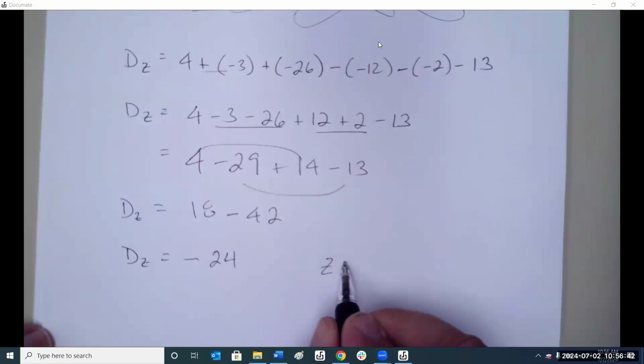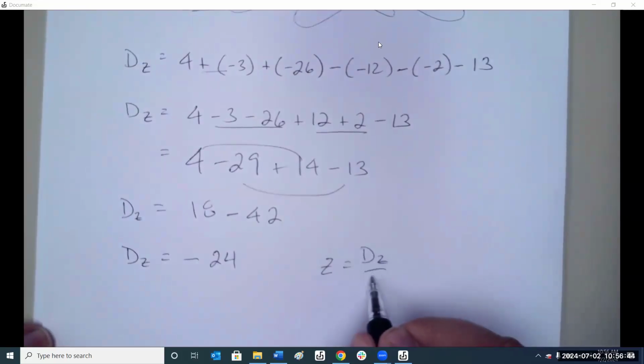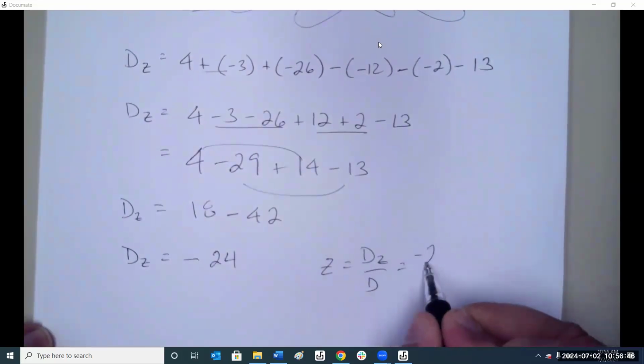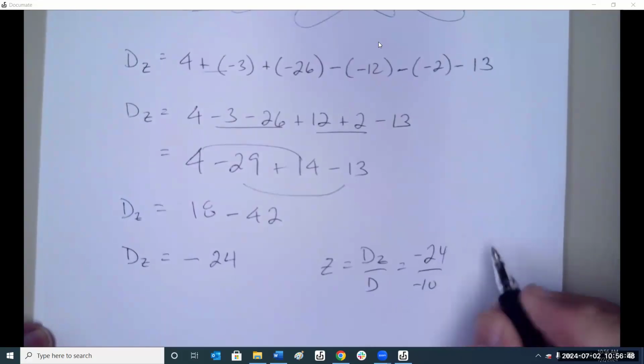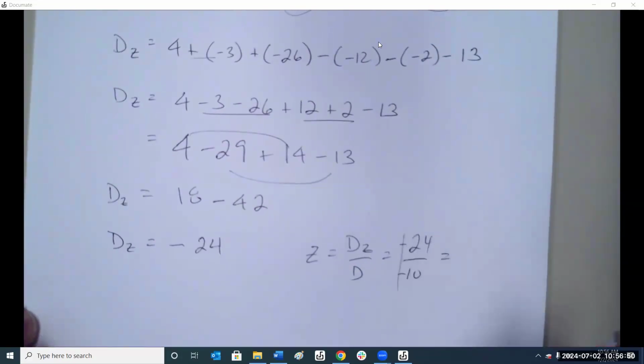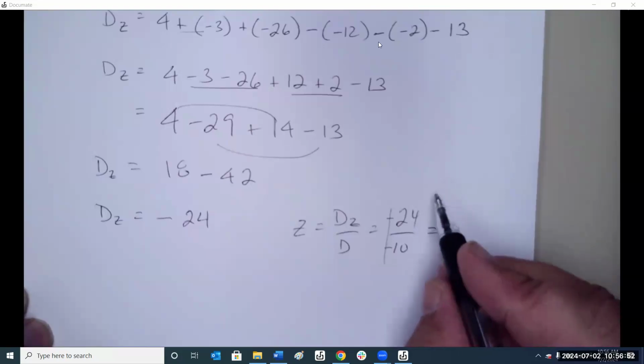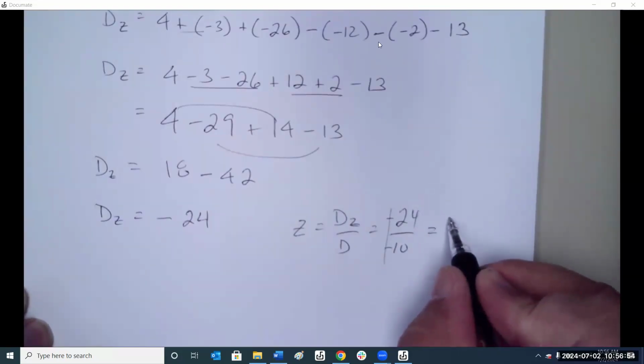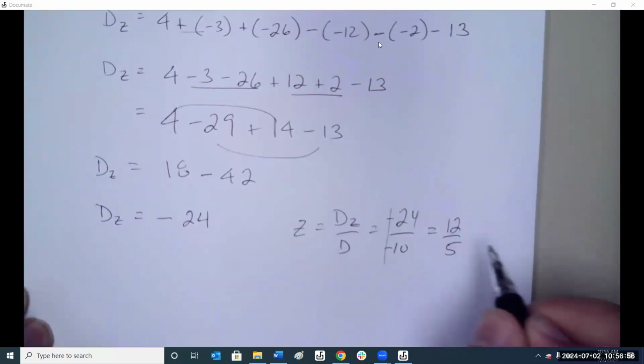So z would be dz over d, negative 24 over negative 10, cancels negatives. 2 goes in both of them, 12 over 5.